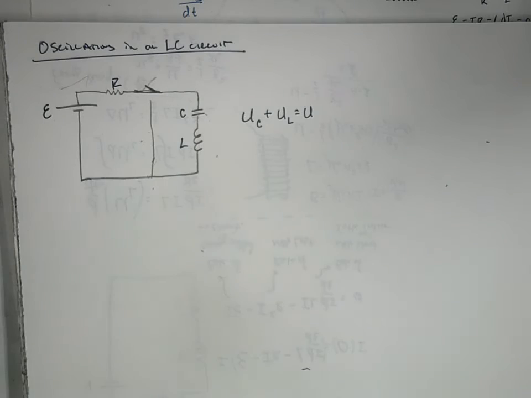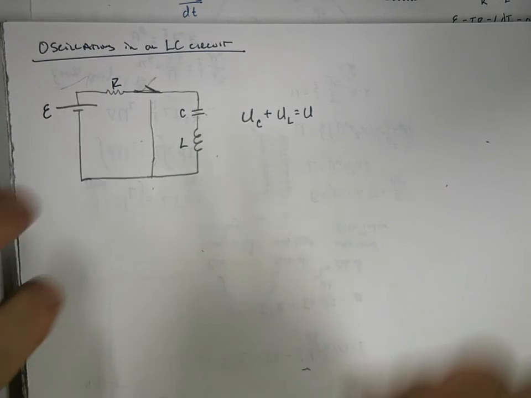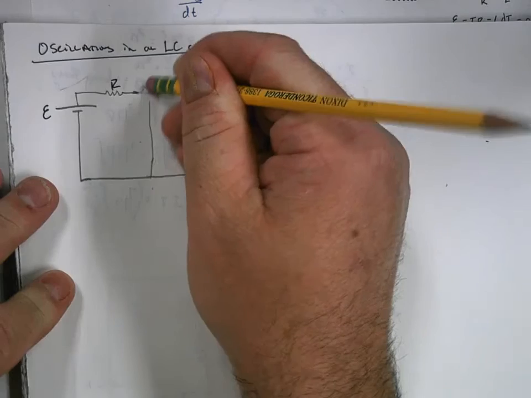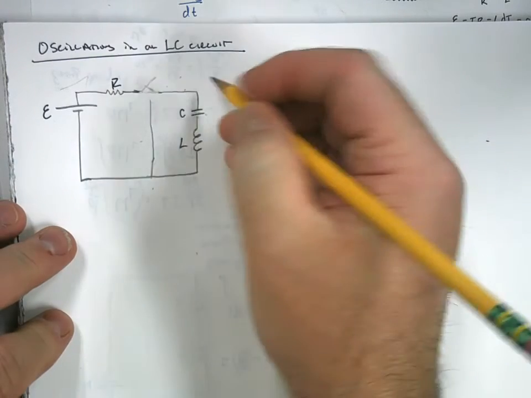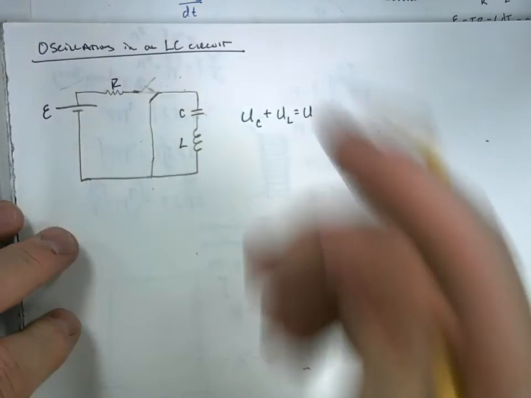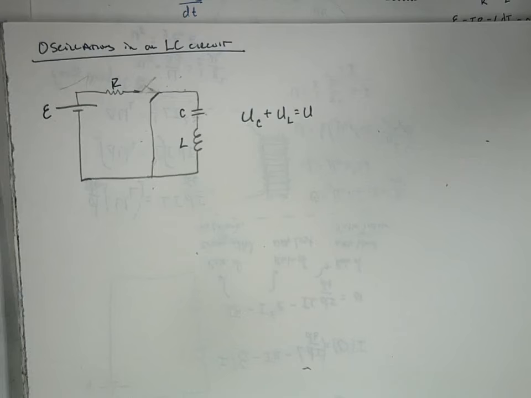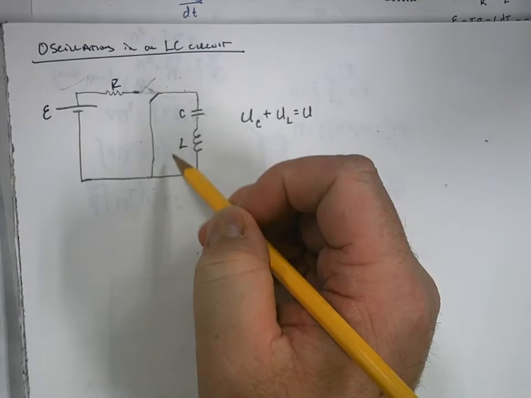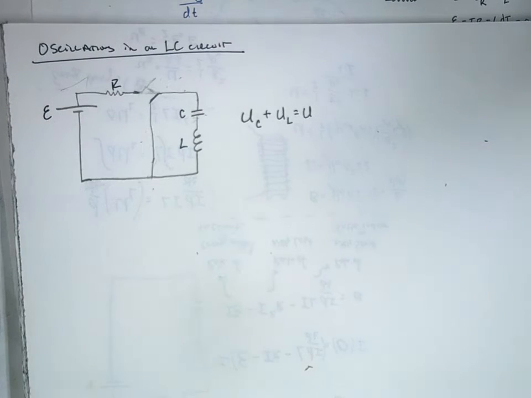Now, what happens when that switch isn't there anymore? It's here. Does the current go through the voltage source? Does the current go through the resistor? No. So all we have is this LC circuit.